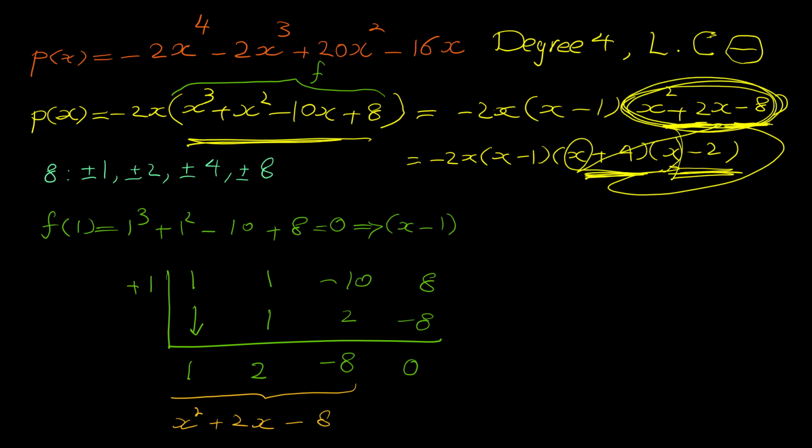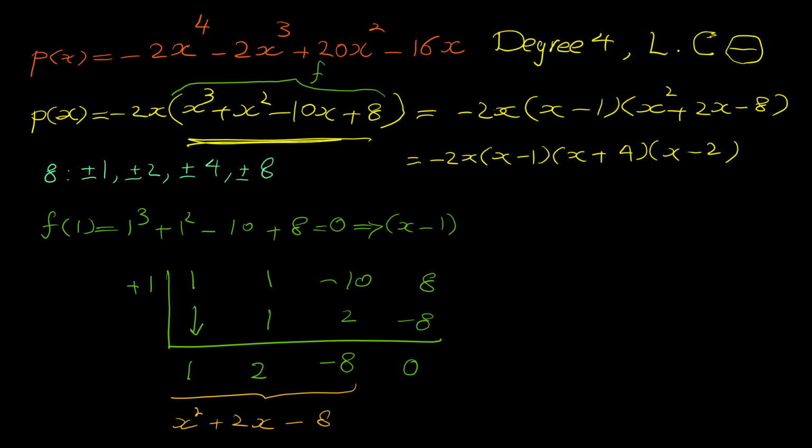We put 2x here and here. We look for two numbers whose product is this and whose sum is 2. Those numbers are 4 and negative 2. Now that we have the factored form of the polynomial, it's easy to graph this polynomial. We draw the x-axis and y-axis.